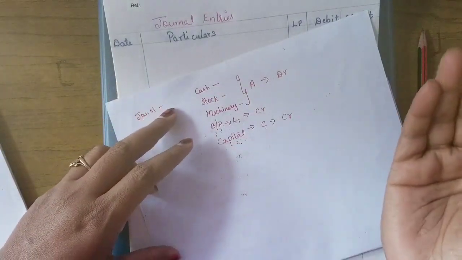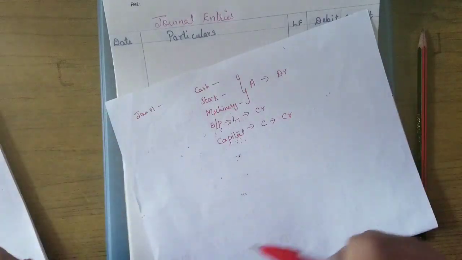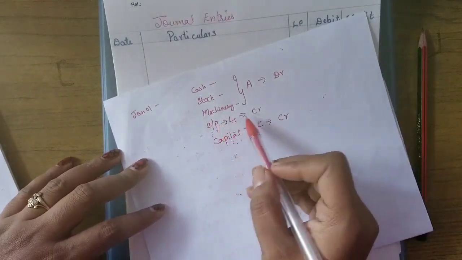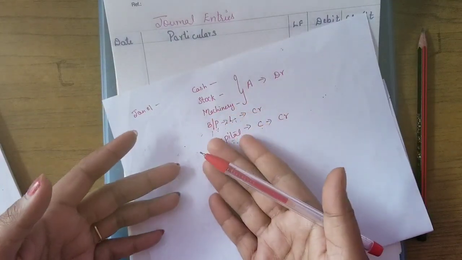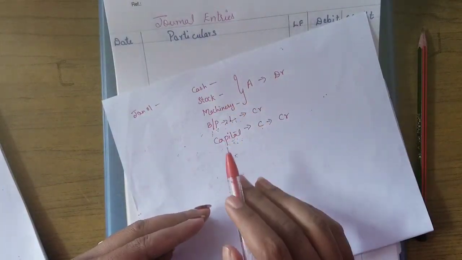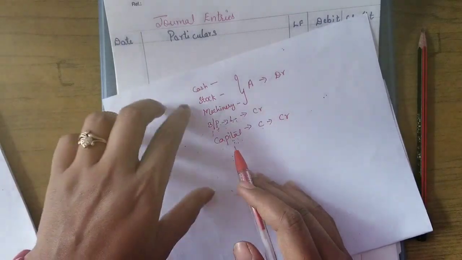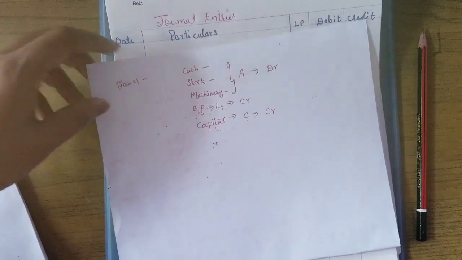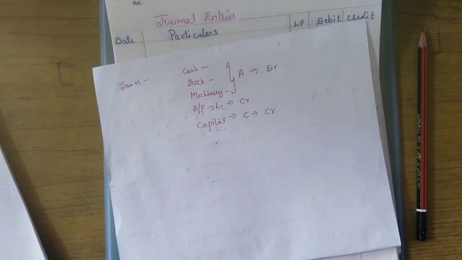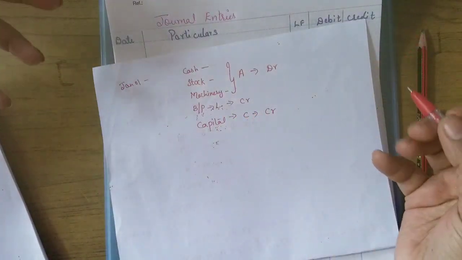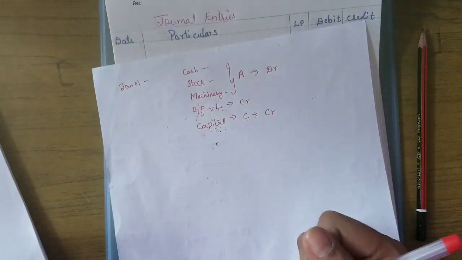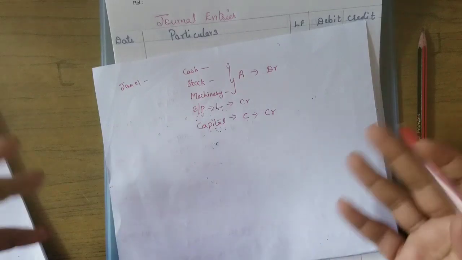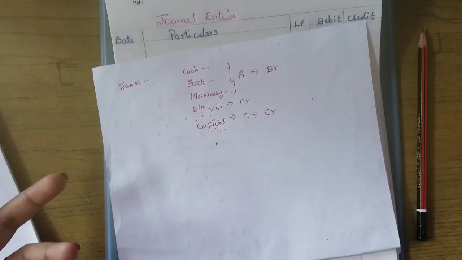In such cases, if you are purchasing an already existing business and making certain investment and starting a business, you can find many machineries and assets, and liabilities also will be there. In such a case you can follow these particular entries. Okay, to make it clear, usually everyone will have this doubt: when we start a business, how come bills payable will be there, or how come a loan will be there? So it can happen when you're purchasing an already existing business.